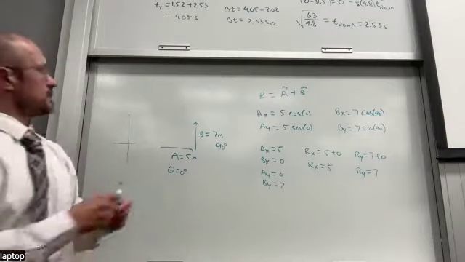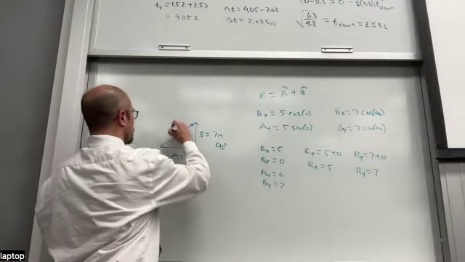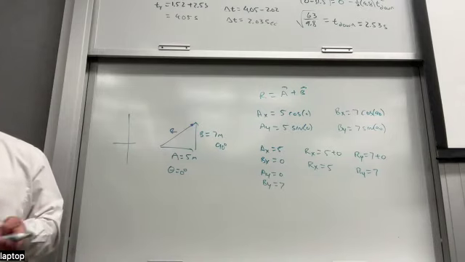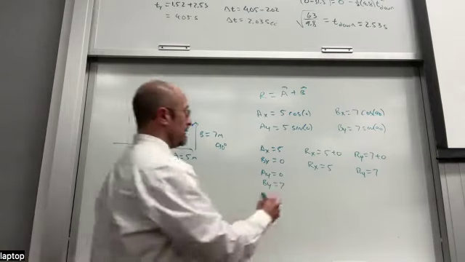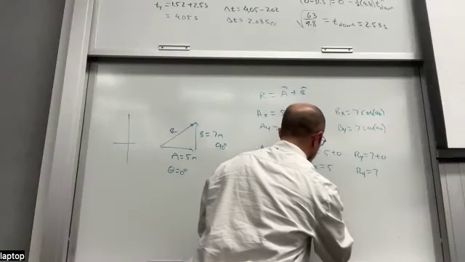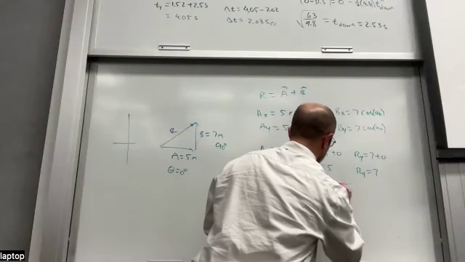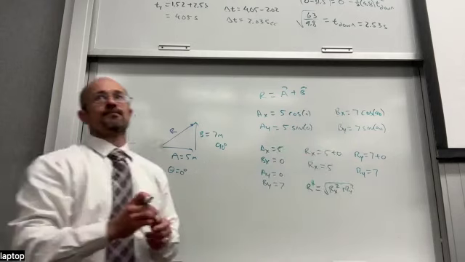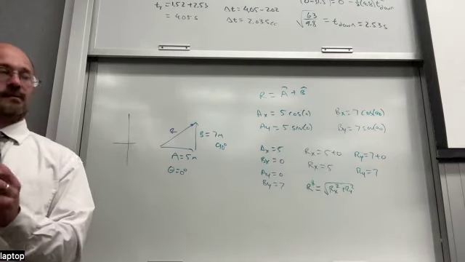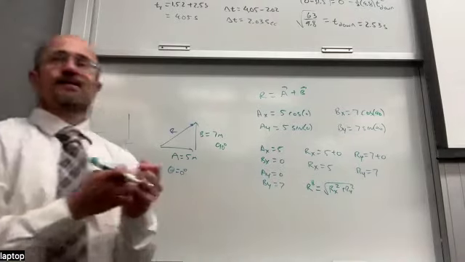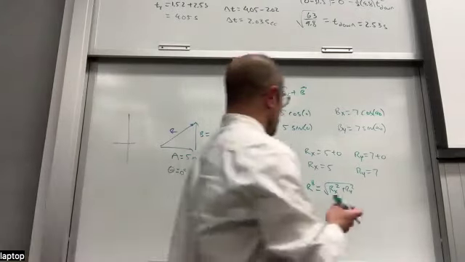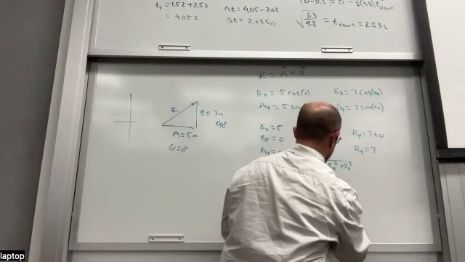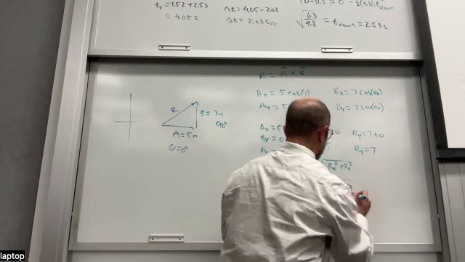And this would be this result right there. It's basically our right triangle, right? And so then R is the square root of RX squared plus RY squared. So R is the square root of 25 plus 49.